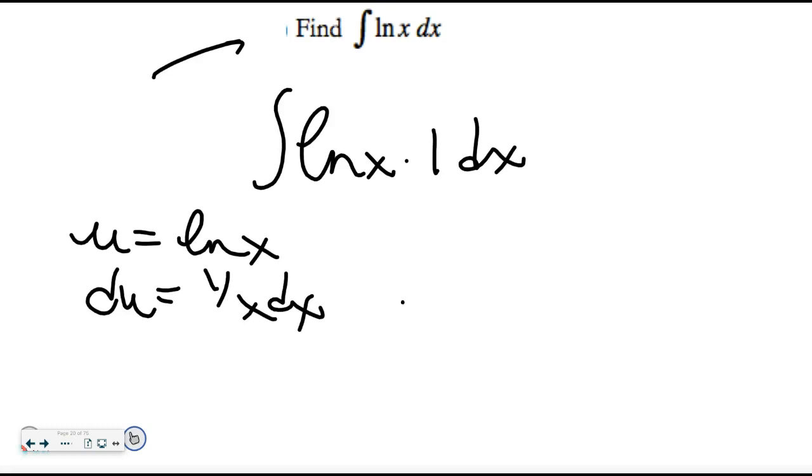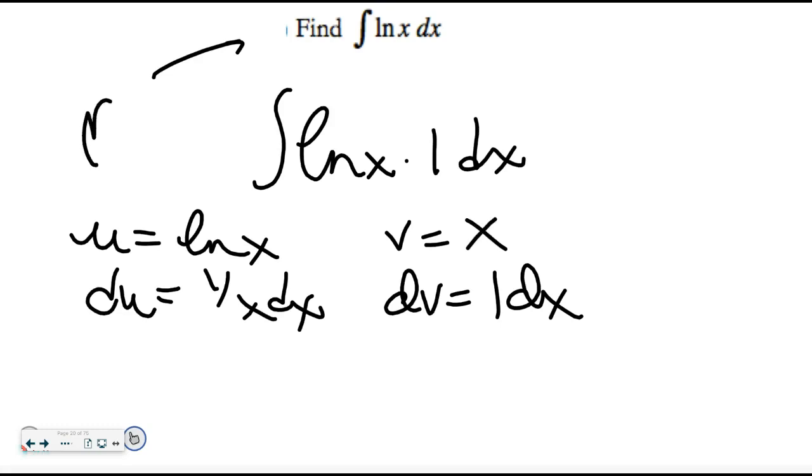Next step, my dv is 1 dx. What's its antiderivative? Don't say 0. What's its antiderivative? x. This might be one you want to commit to memory now because it does pop up quite a bit. You don't want to have to keep by-parts-ing it all the time. This is now going to become kind of like the antiderivative of secant squared is tangent.